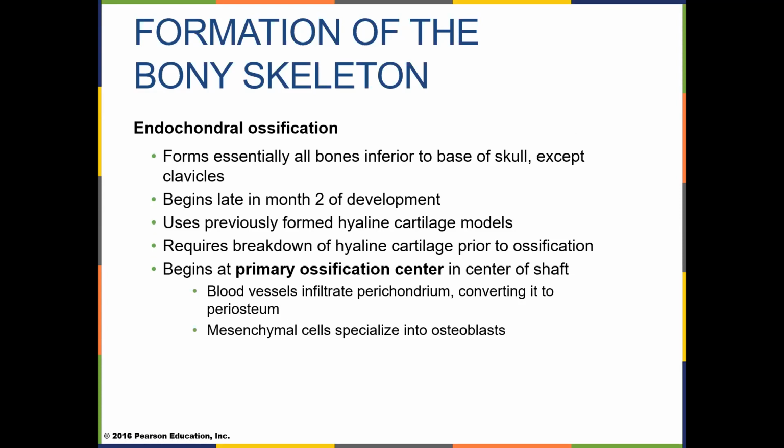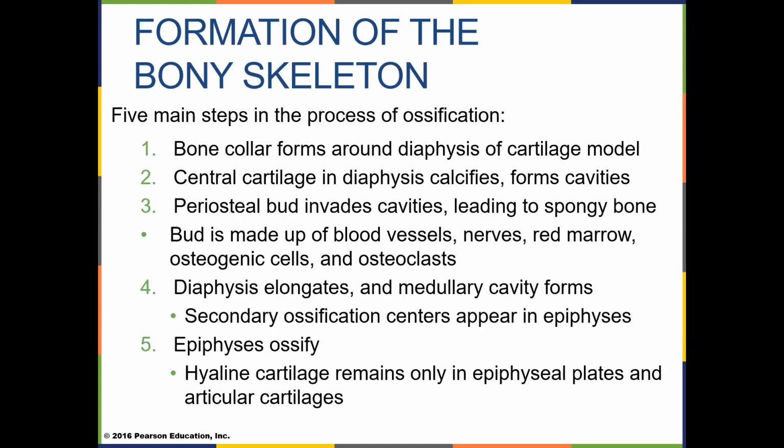The hyaline cartilage functions as a template, and we start converting the hyaline cartilage into bone, usually starting in what's known as an ossification center in the middle of a long bone, and gradually forming spongy bone and then compact bone on top of that. Most of our bone formation is through endochondral ossification.